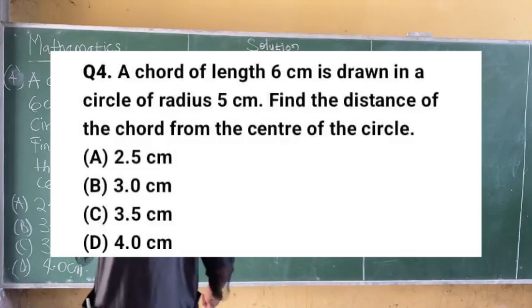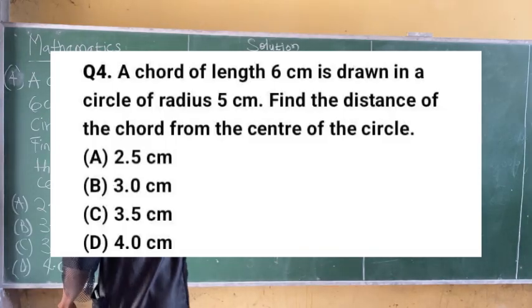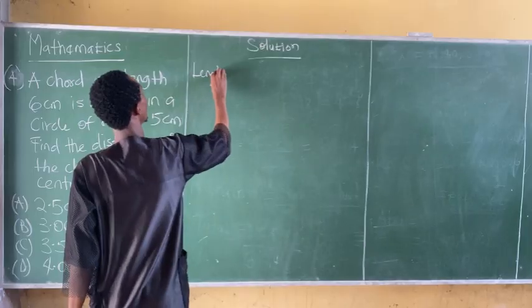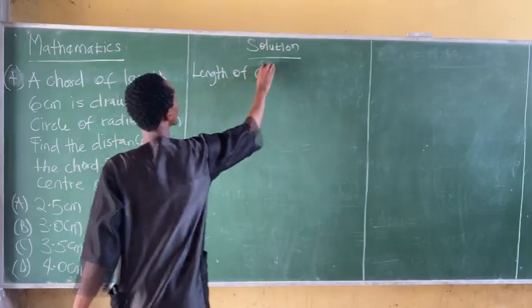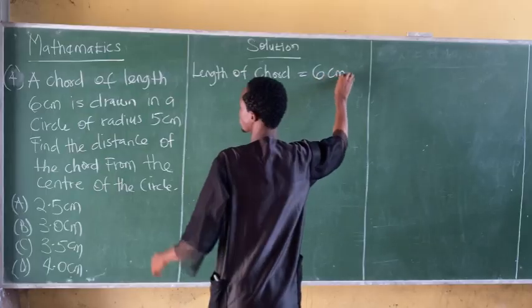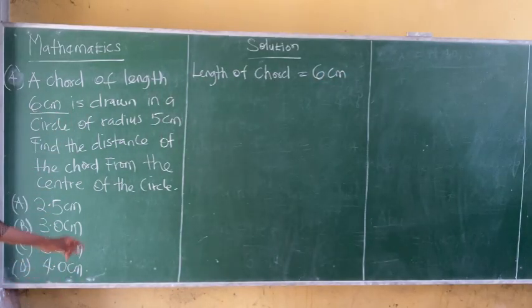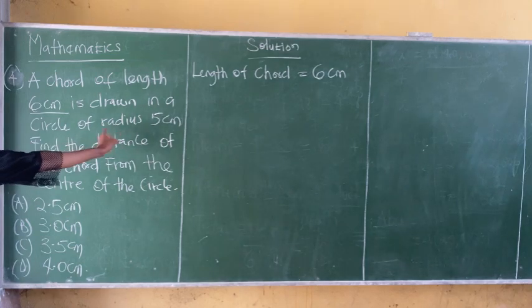So let's solve this question together. From the question, they say the chord of length 6 cm. So you have length of chord to be what? 6 cm. They gave us what? Radius, right? It's drawn in a circle of radius 5 cm.